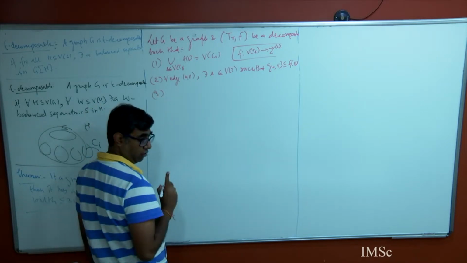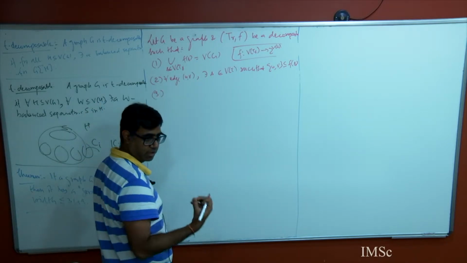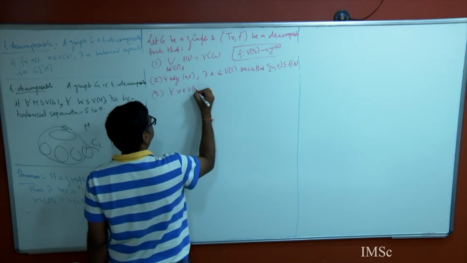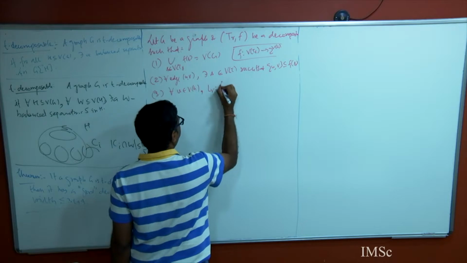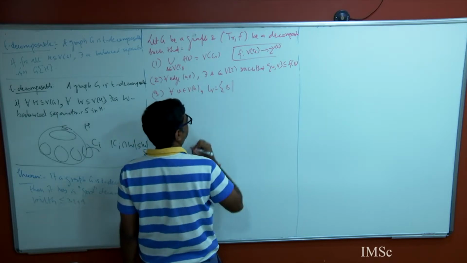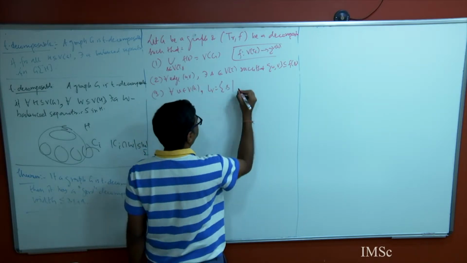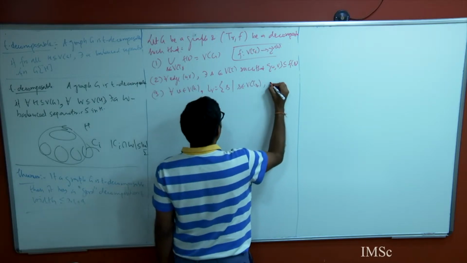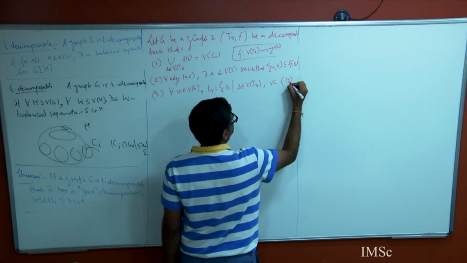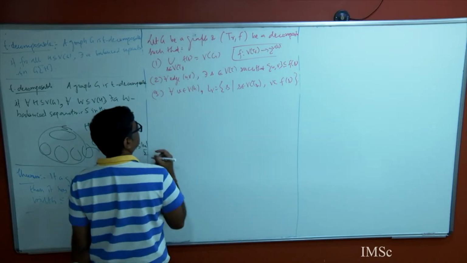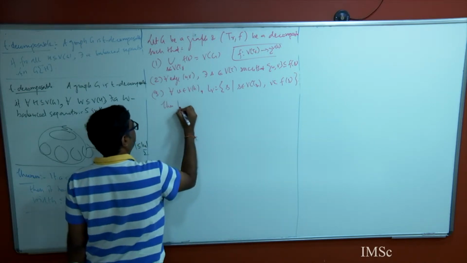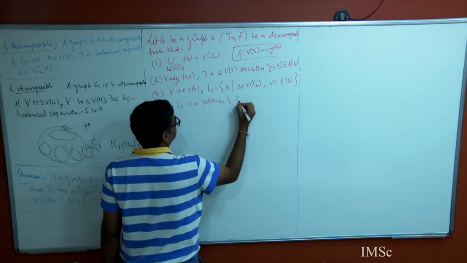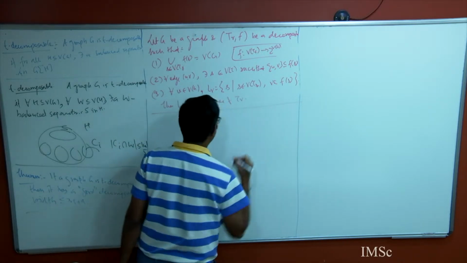This also had a beautiful connectivity property: for every v in Vg, we defined LV equal to the set of S in VT such that v is in F of S. Then LV is a subtree of T. These are the three properties.